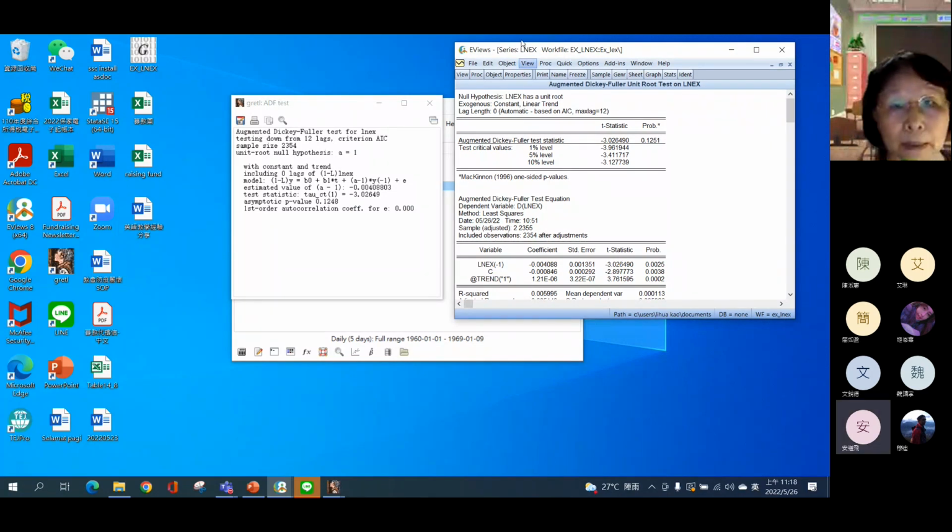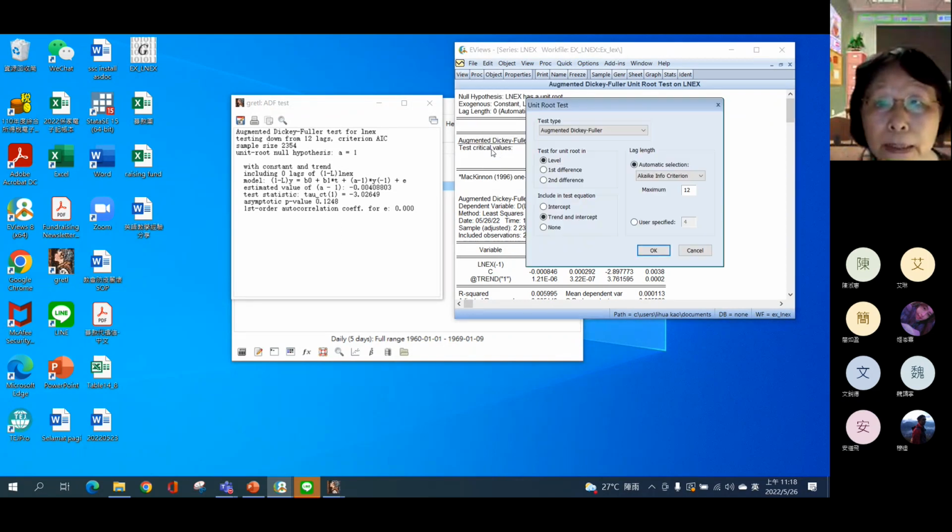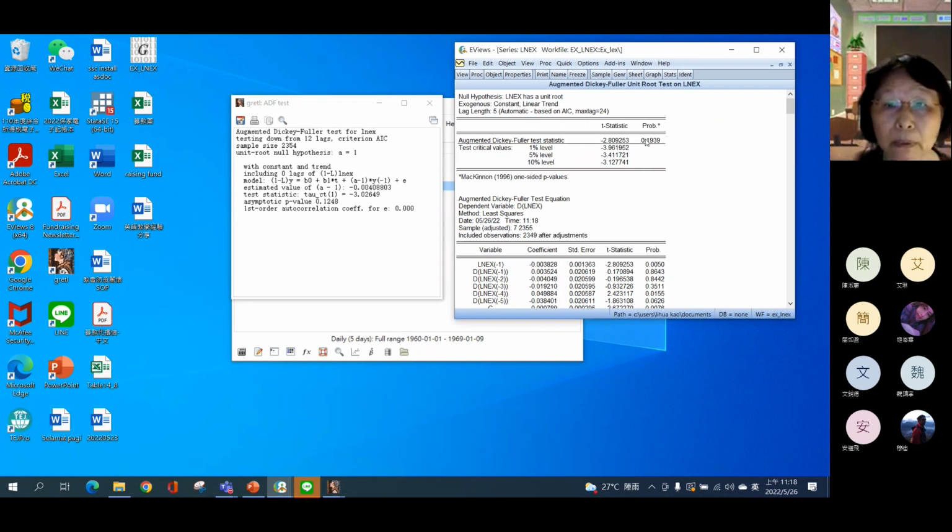If I extend, for example, if I do this unit root test and add the maximum lags up to even higher, since this is daily data, is there any change? Look at the EViews. There's no change. Look at these probabilities. Still we do not reject the null hypothesis.